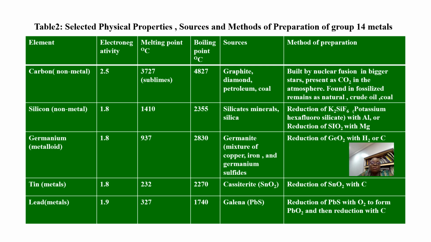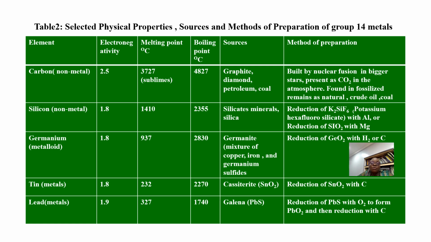The sources of carbon are graphite, diamond, petroleum, coal, and maybe fullerenes and carbon nanotubes. The silicate minerals are sources of silicon, and silicon can also be gotten from silica.